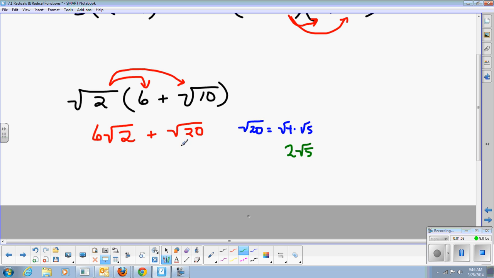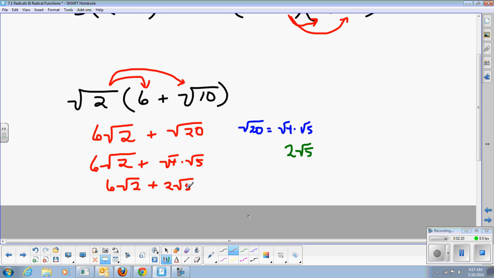So to show you how you do this on your paper, I'm going to copy the 6 times the square root of 2 plus this I will change into the square root of 4 times the square root of 5, and then I write 6 times the square root of 2 plus 2 times the square root of 5.